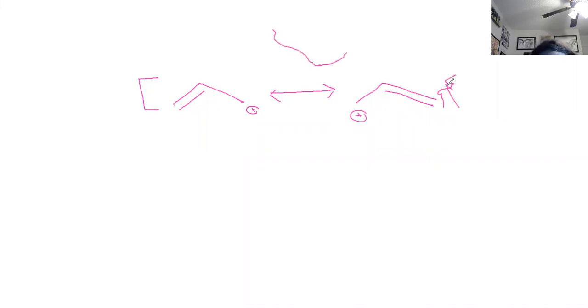All right. So these are drawn to represent positive charge spread over two locations.